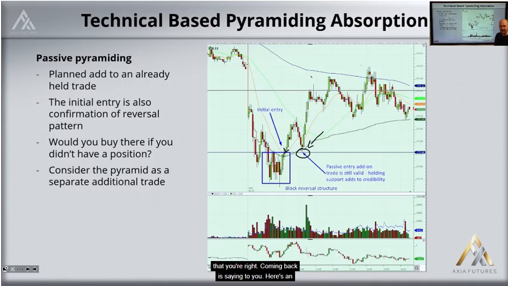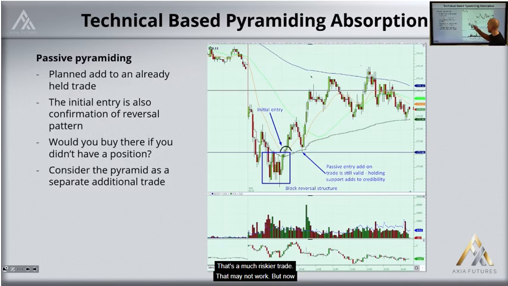Coming back is saying to you, here's an opportunity, you're right, and now would you like to buy more? Whereas for so many people, the fear of losing after having been right means that rather than buying more, they actually sell at a point where you're being offered the chance to get in again on a trade that you've already been shown is right.